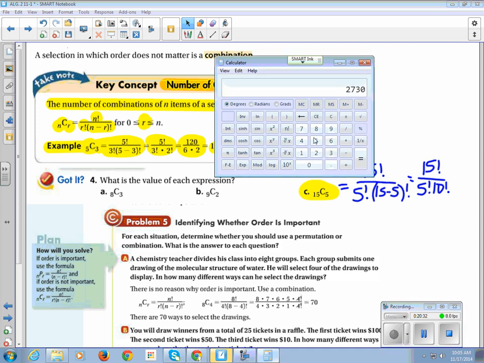So let's see how that goes in our calculators. I'm going to put the 15 factorial on top. I'm going to go divided by, and I'm going to throw down some parentheses because I got 2 items down here. I'm going to go 5 factorial times 10 factorial, close my parentheses, hit my equal sign, and I get 3,003.